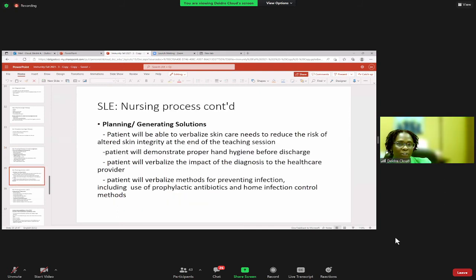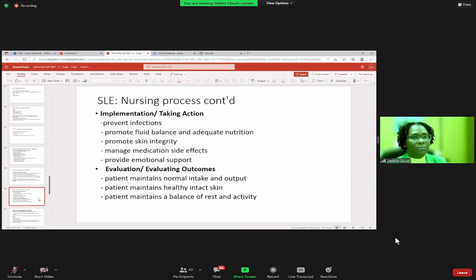All right, so generating solutions. Like, what do we want to happen? And they're all there, just like we already talked about. I'll talk about steroids. We talked about all those things. Also, implementation, taking action.